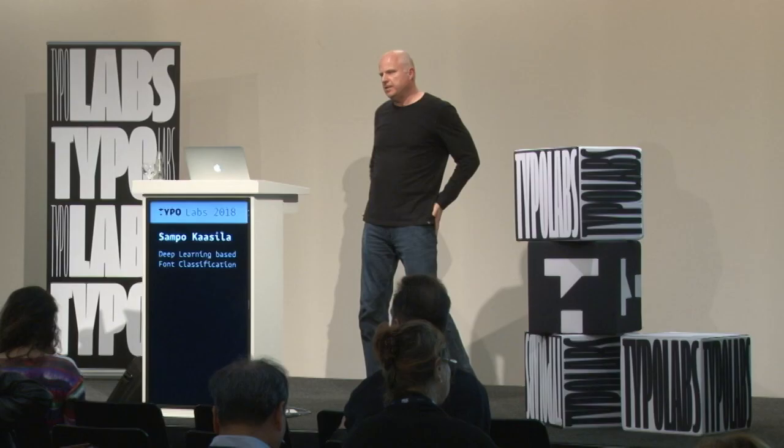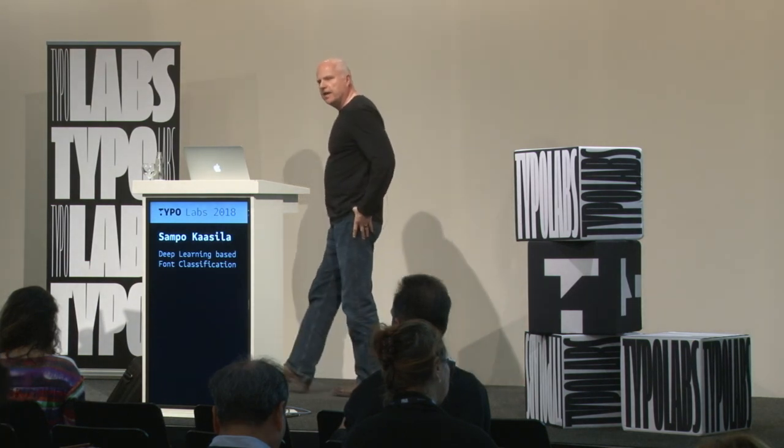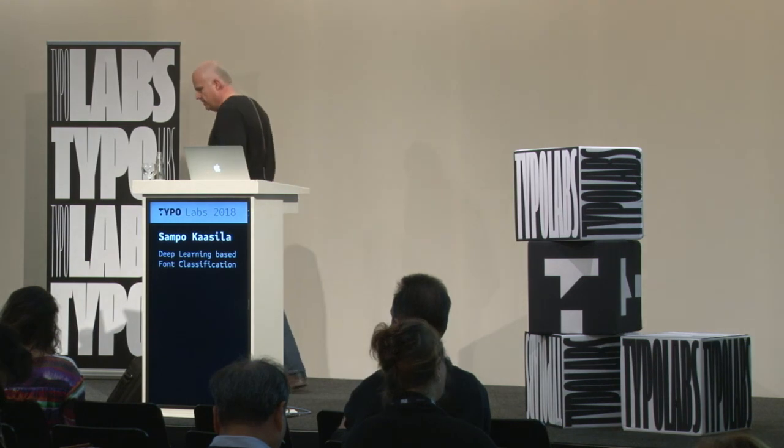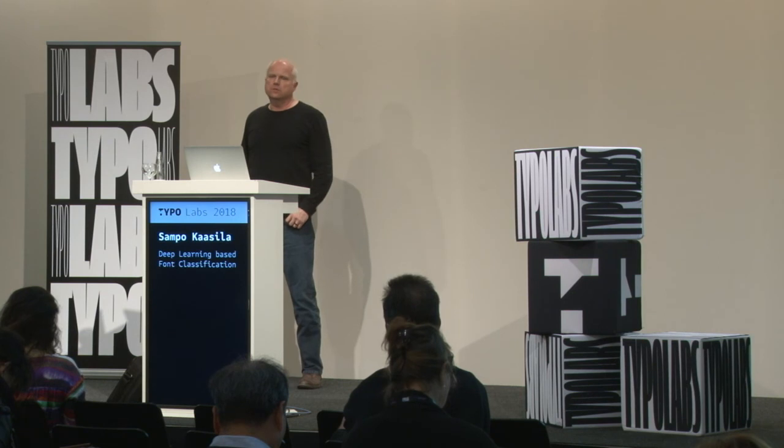So that's pretty cool. Font similarity is the first machine learning project we did. The unique thing about that one is that it tells us how similar fonts are, but it's tuned to the same way we perceive similarity as humans.